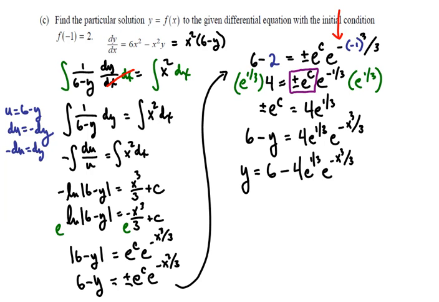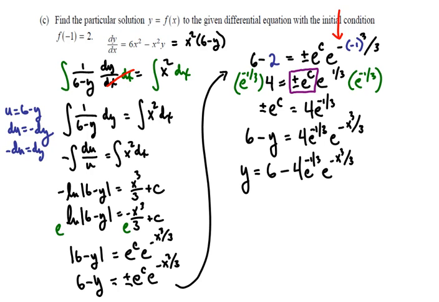So that should have come out as positive 1, which would mean that I would have to multiply that by negative e to the negative 1/3. So I'm going to adjust those now, so that my plus or minus e to the c is actually 4 e to the negative 1/3. I fixed that in the following two lines.